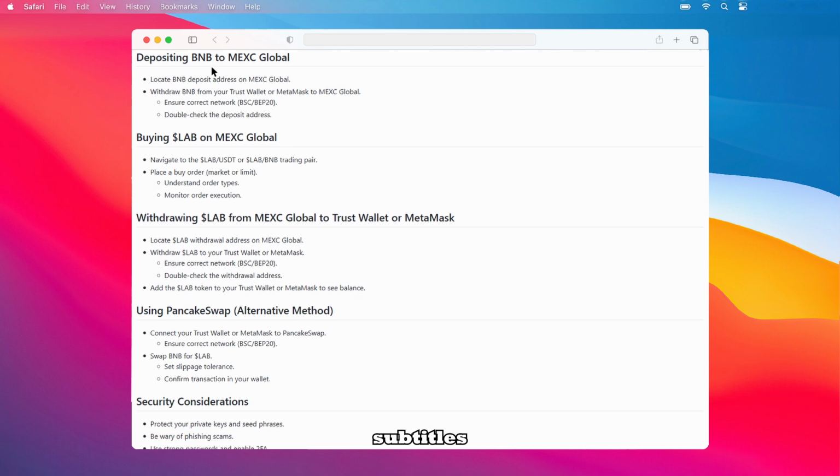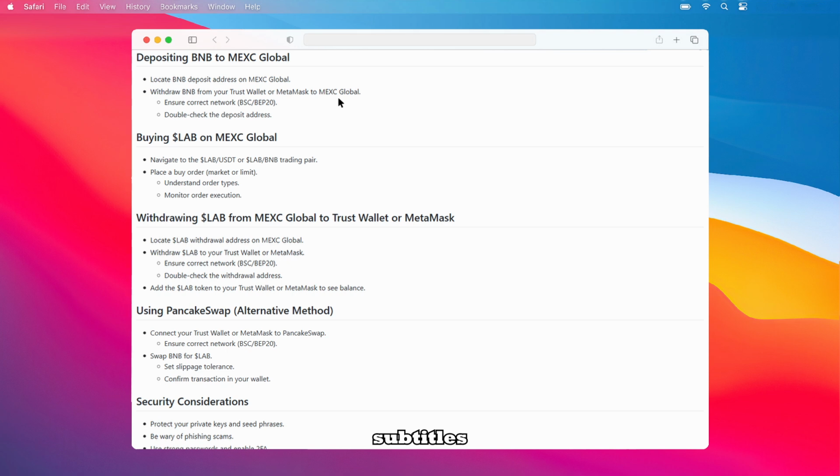Now, this is crucial. Make absolutely sure that you're using the correct network, which should be BSC or BEP20, when transferring BNB to MEXC Global. Finally, take one last look at that deposit address to guarantee it matches perfectly, avoiding any potential loss of funds.